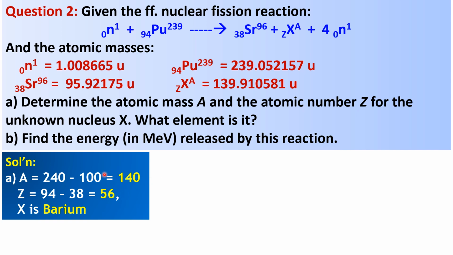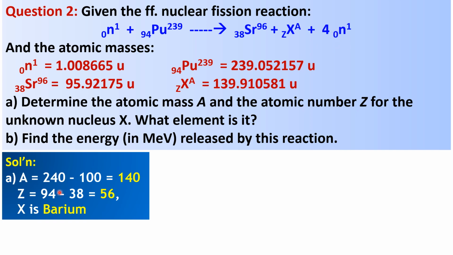Now, for the number of protons, or atomic number, capital Z, again, we start with 94. That's the number of protons of plutonium. A neutron has 0 charge. And then the number of protons of strontium is 38, but neutron has zero charge.